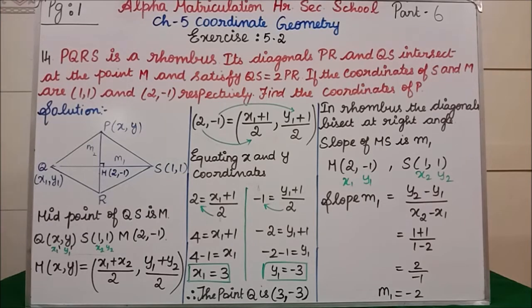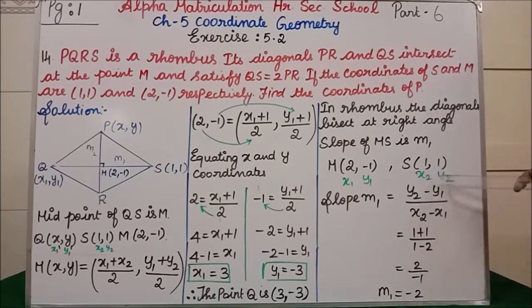Now we see that the slope of MS is M1. The M point and the S point we know, since they are given in the question itself. For the slope through two points, the formula is y2 minus y1 divided by x2 minus x1.